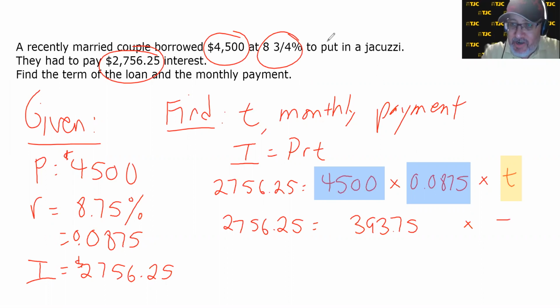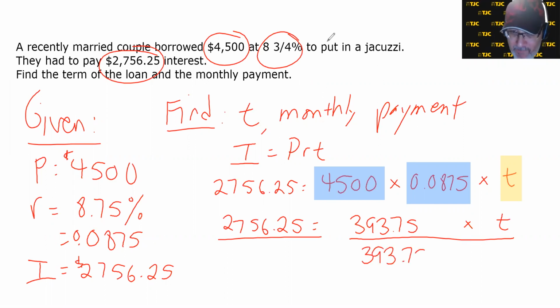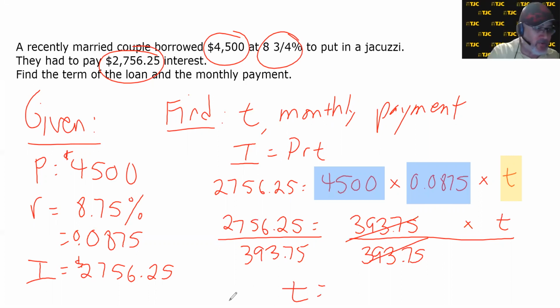That's still times T. I'm not going to bother highlighting the new number blue because I'm about to divide both sides by it. Let's make sure I write it down correctly this time. 393.75. These cancel, which gives us T equals whatever the answer to that division problem is. I get a term less than a year because I typed in the division problem upside down. Oh, it's exactly 7.